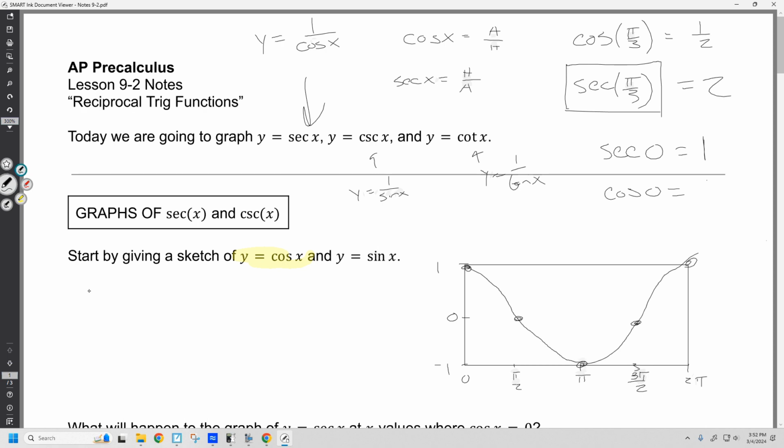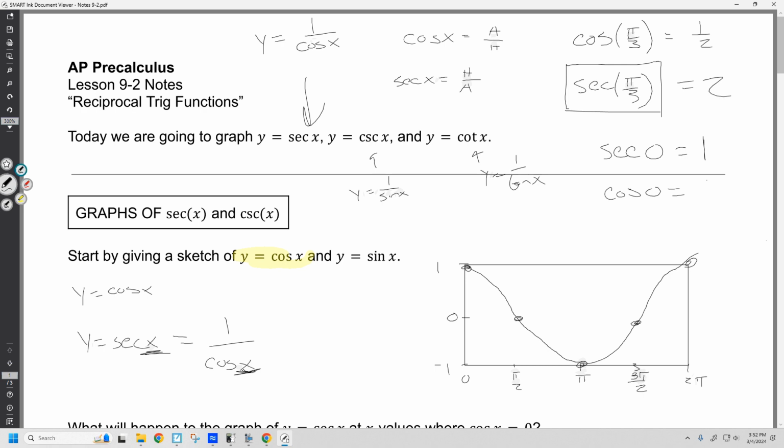Understanding that secant x is 1 over cos x: x's are x's. Inputs are inputs. We don't have to flip inputs or take reciprocals of inputs. They stay our inputs.